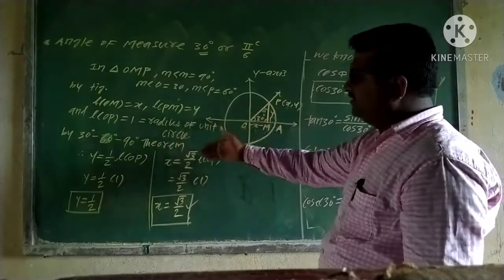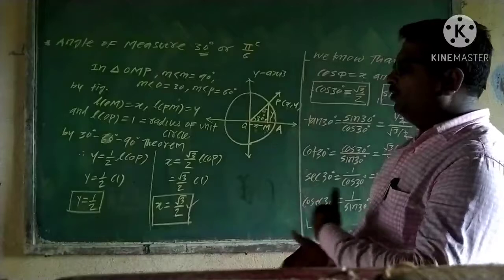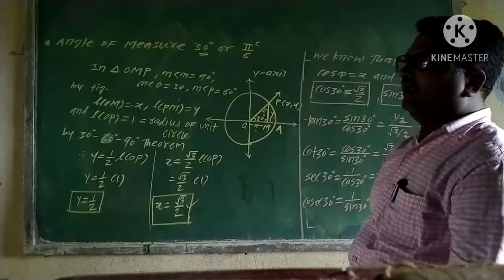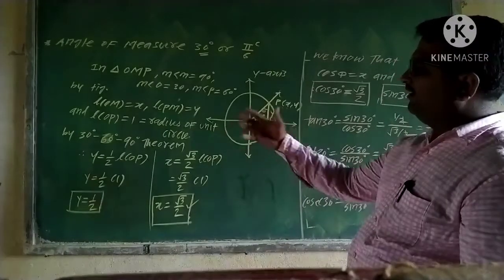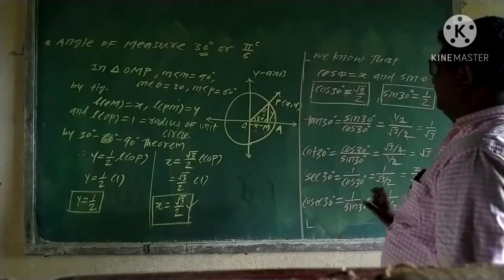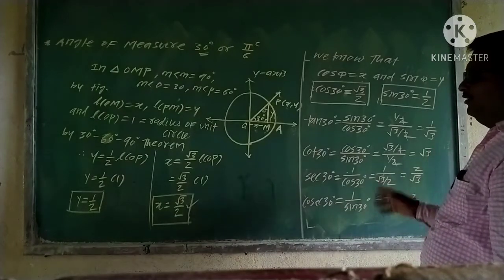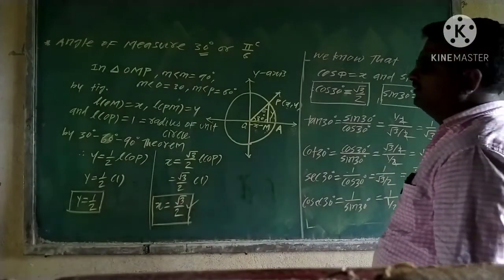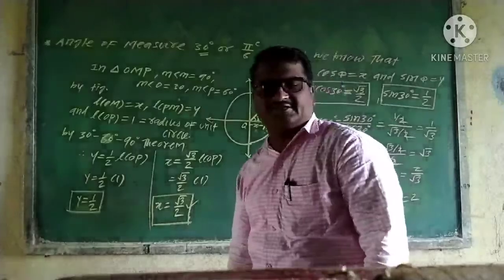Now we use the 30, 60, 90 theorem, and the values of x and y are reversed, and then find the values of all trigonometric functions for the measurement of 60 degree.